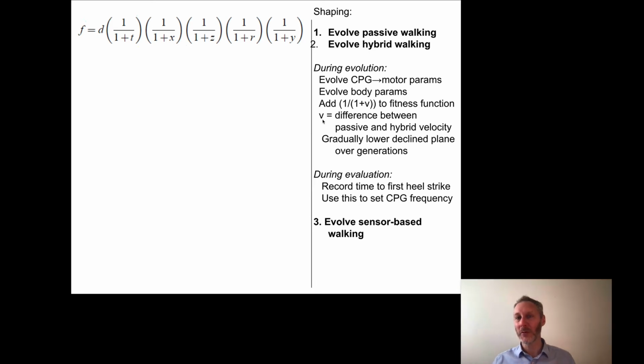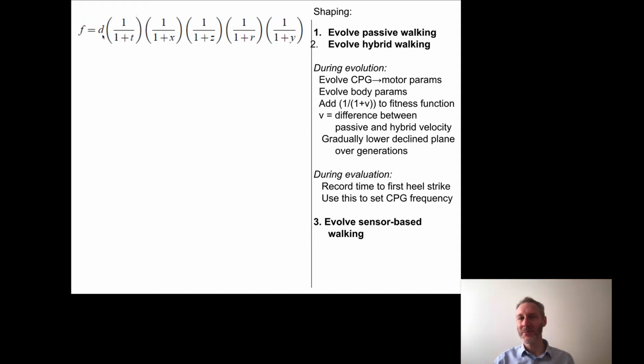So V is probably going to be very high. So over the second phase of evolution, from one evolutionary generation to the next, they gradually decrease the slope of the declined plane. And that helped evolution to eventually decrease V.